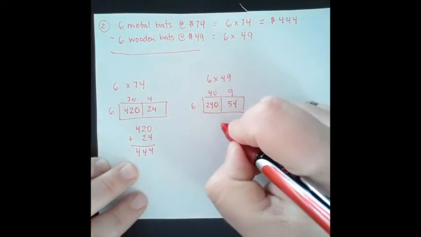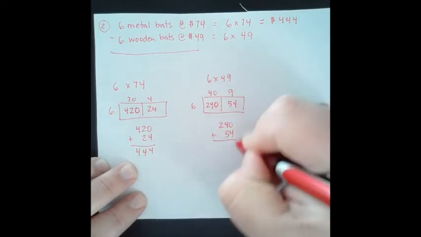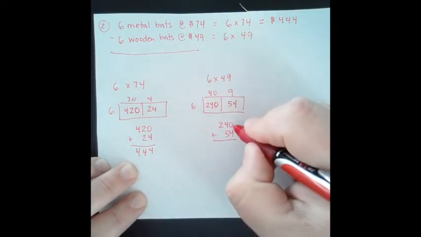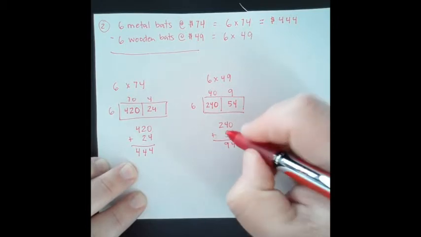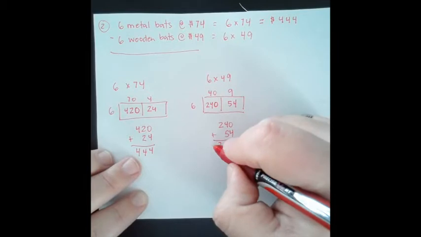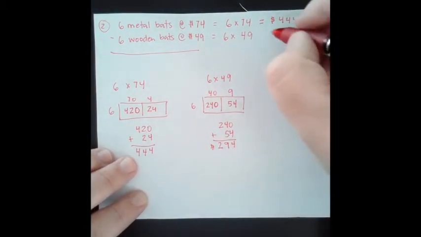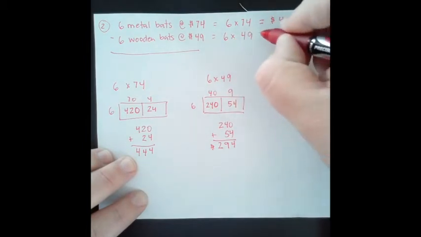So again, I'm going to add those up. 240 plus 54, making sure I'm lining up my numbers correctly. 4 plus 0 is 4. 4 plus 5 is 9. And bring down the 2. So we know it's going to cost us $294 for the wooden bats, because 6 times 49 is 294.